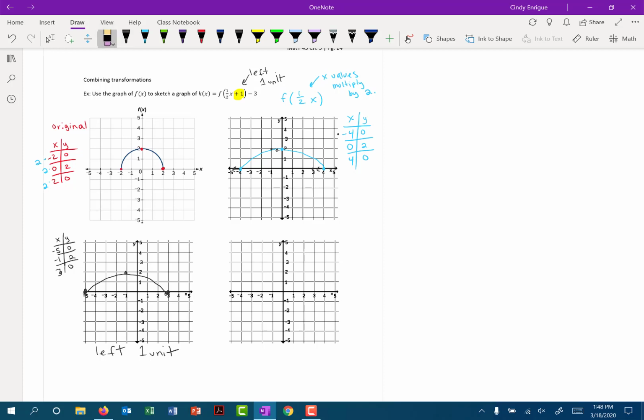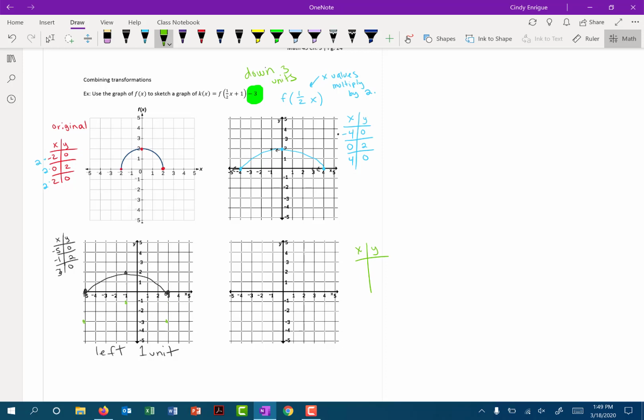Now, for the next one, what's happening next is I have this -3. That -3 tells me to go down 3 units. So now I'm going to have my new values. That means my x values aren't going to be moved. So I'm going to go down 3 units. So 1, 2, 3, 1, 2, 3, and 1, 2, 3.